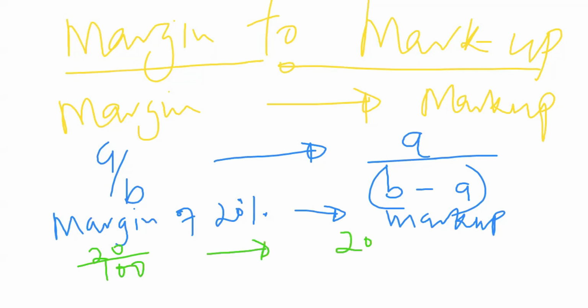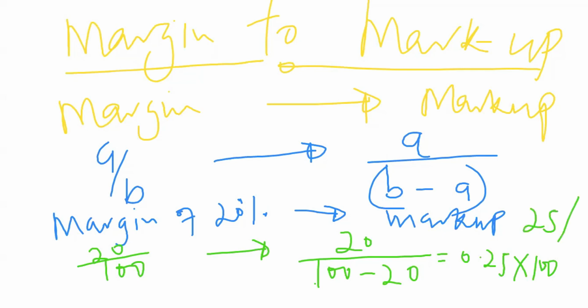We maintain the numerator as 20 over 100 minus 20. So that will give you 0.25 times 100, you will get 25%. So that's how we do the conversions.